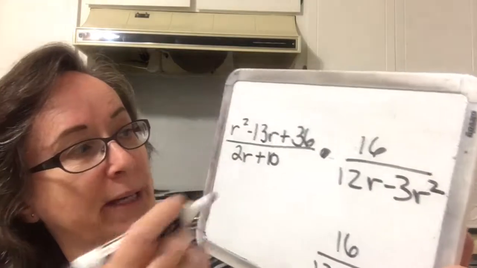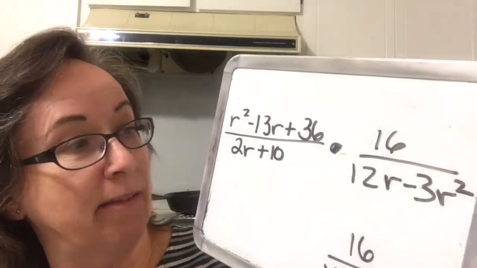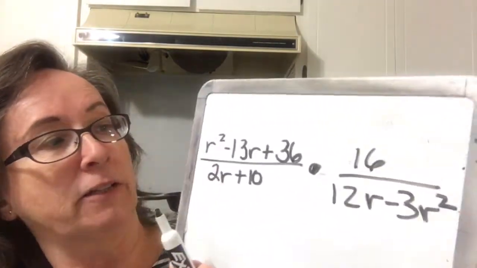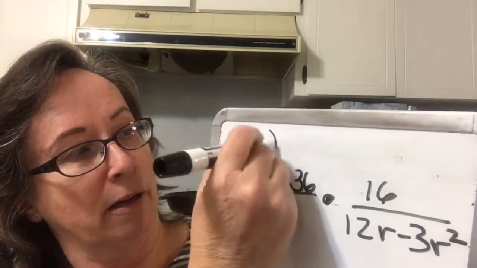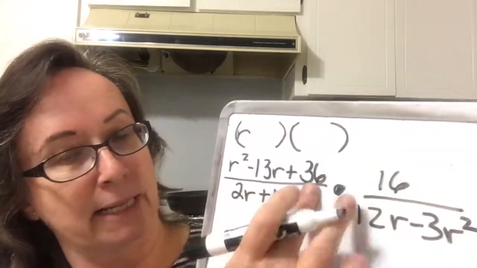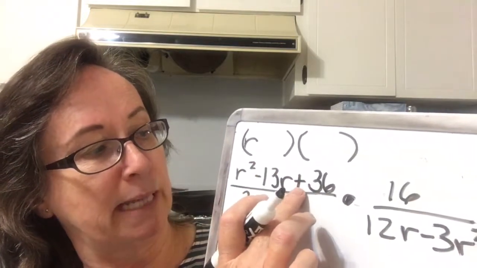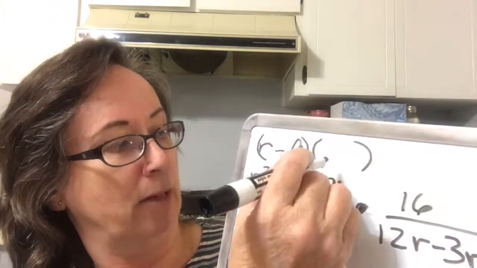Okay, so now we need to factor so that we can find anything that will cancel. So we're going to factor this first one, and it's going to be R. Now 36 is a 9 times a 4, and this plus means same sign, both negative, so we can use 9 and 4.